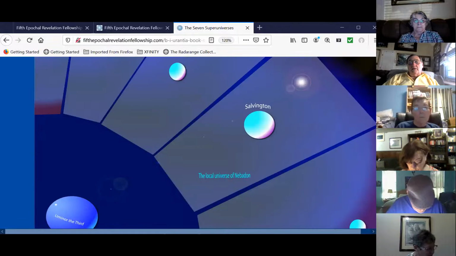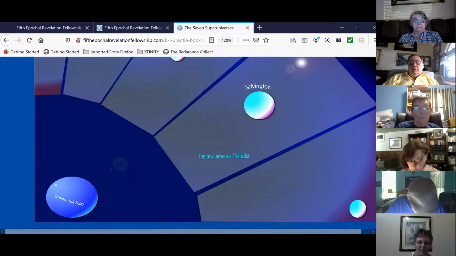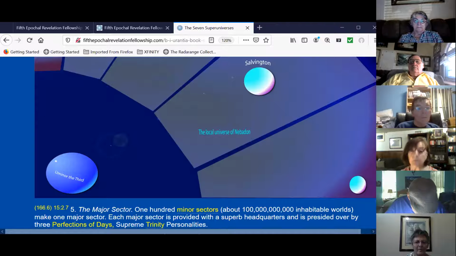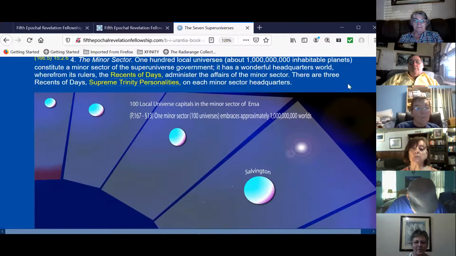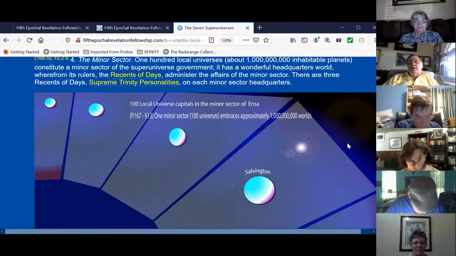Okay, and this is an illustration of the minor sector and the 100 local universes, capitals of the minor sector of Insight.